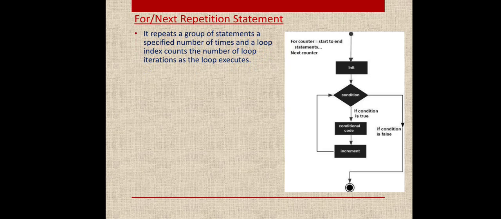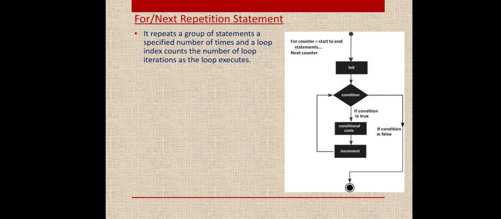After that the condition, if the condition is true, the conditional code will get executed. After that there is an increment, and once it increments, if the condition is still true, the conditional code will get executed again. If the condition turns false, the loop will get closed and the program will get terminated.